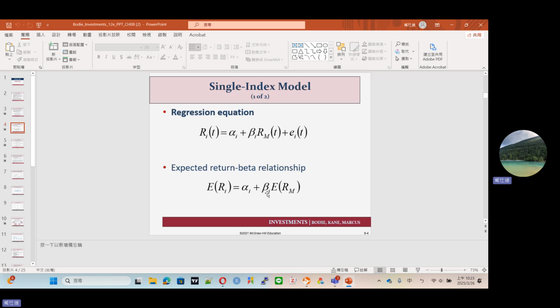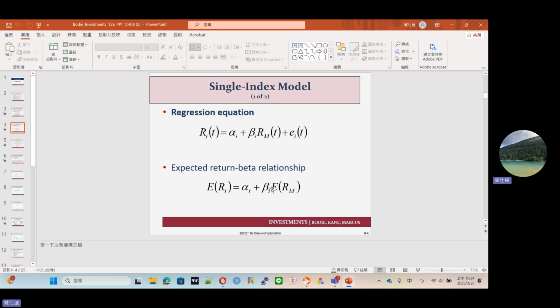So now we have two parameters. One is alpha, the other is beta. But most of the time, we like to use beta to measure the risk of the individual stocks because it's a sensitivity to market returns.